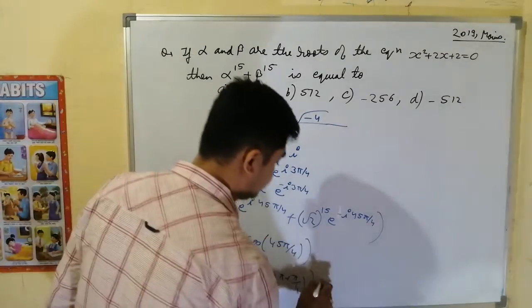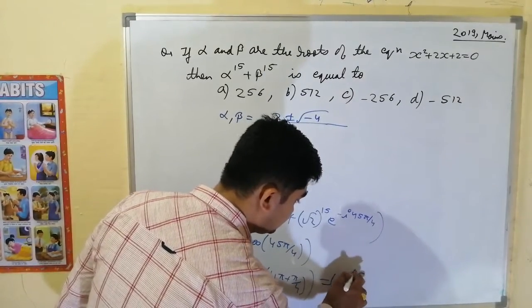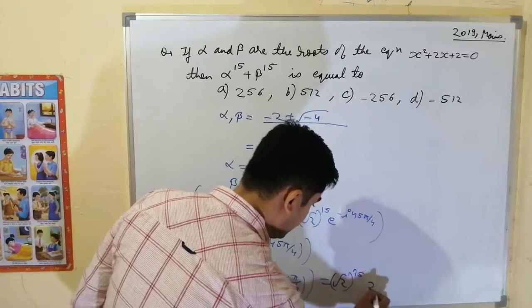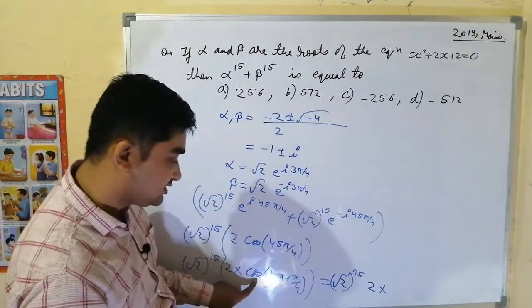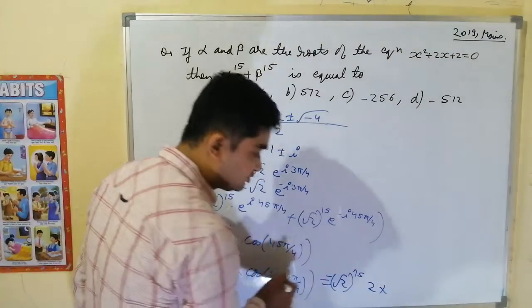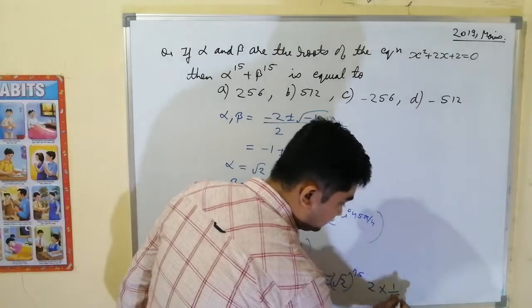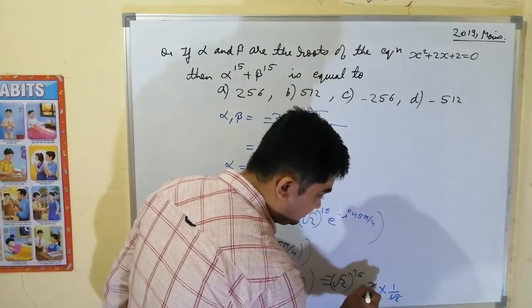So answer is root 2 power 15 as it is, then 2 as it is, then this is minus cos pi by 4, so minus will come here, cos pi by 4 is 1 by root 2. Now simplify this, it will become root 2.